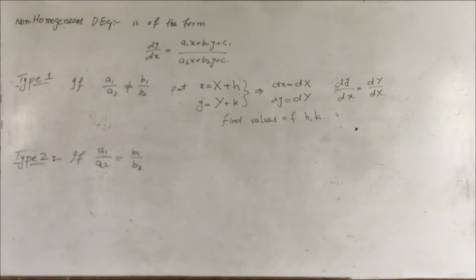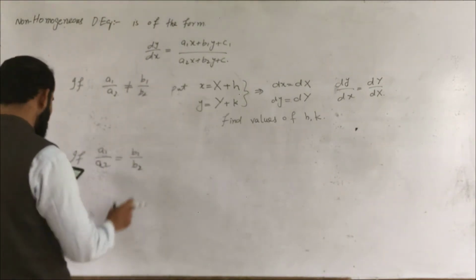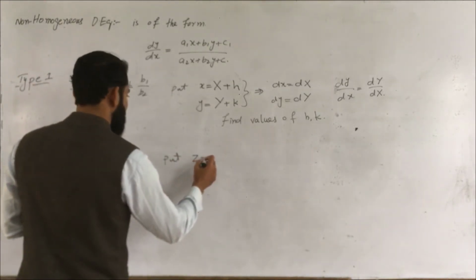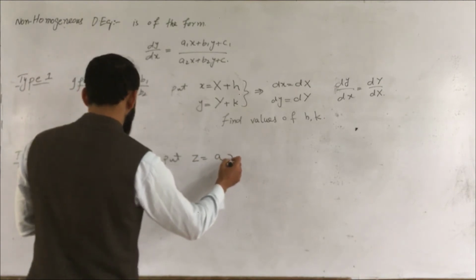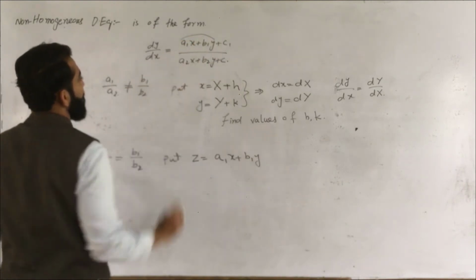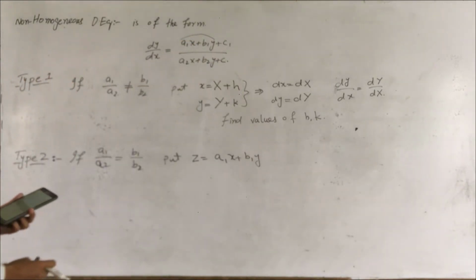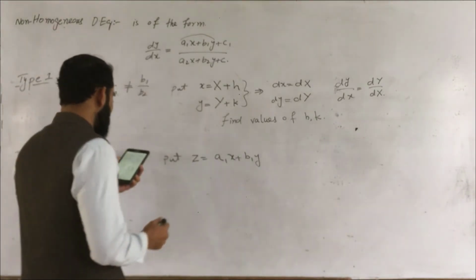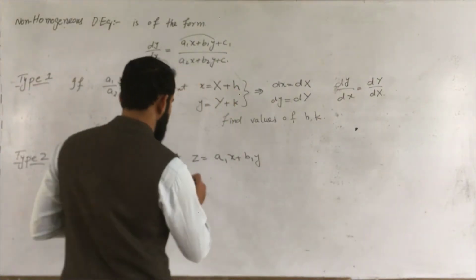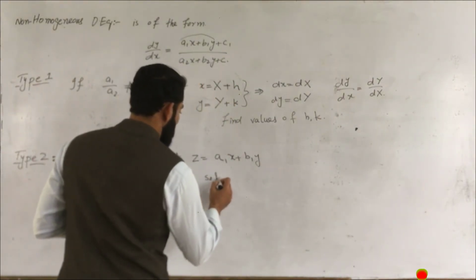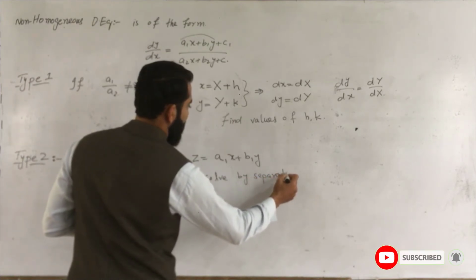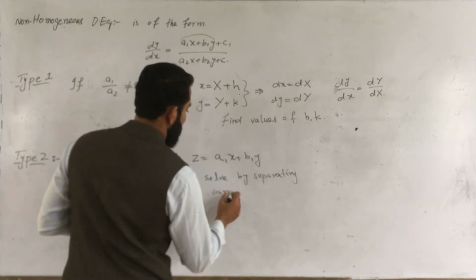In the second type, in which a1 divided by a2 is equal to b1 divided by b2, put z is equal to a1x plus b1y. The portion in the numerator, a1x plus b1y, we put equal to z, and then solve by separating variables.